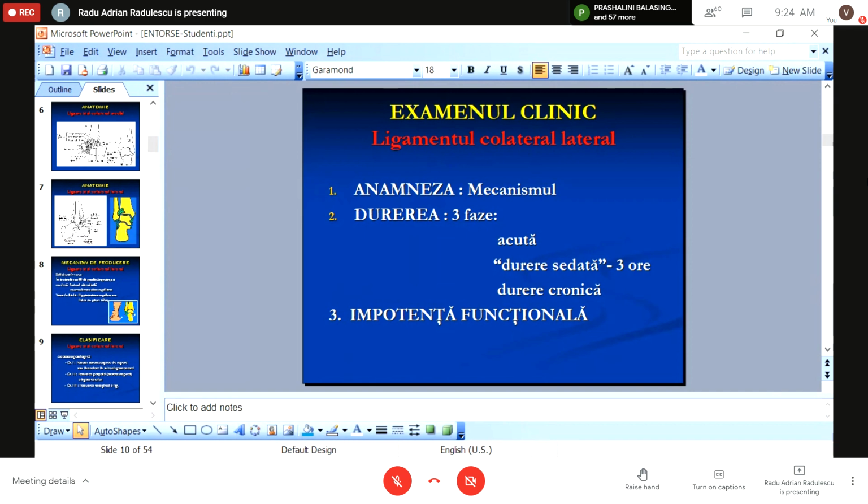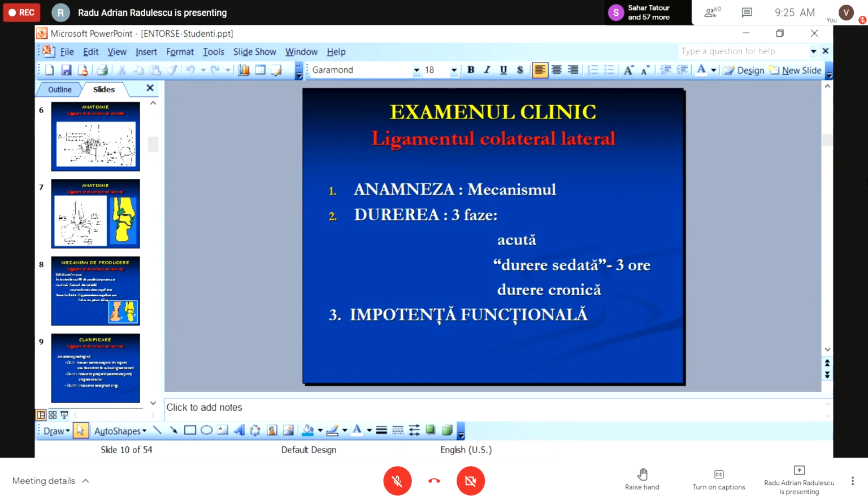The other sign is the physical disability, which is very variable depending on the patient. By the way, the pain is also very variable depending on the individual sensitivity of the patient. So you cannot appreciate this pain very objectively because, like I said, it depends from person to person.